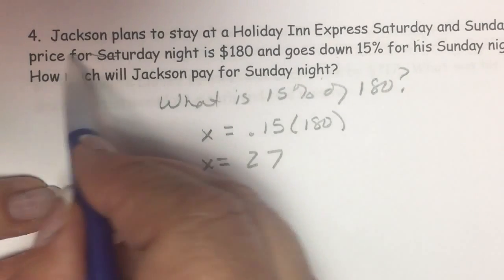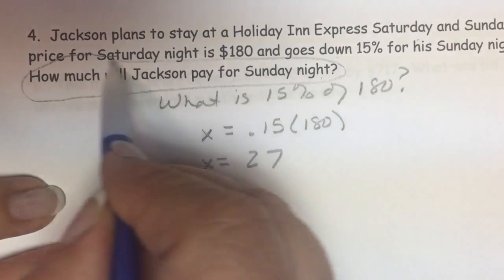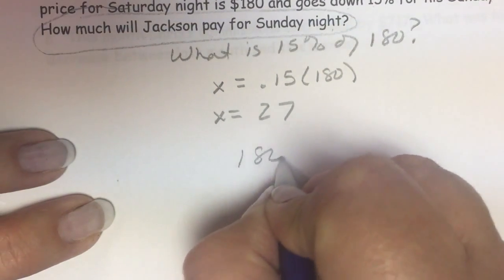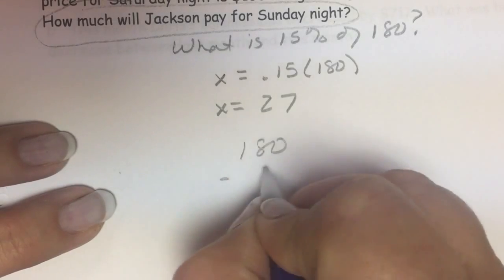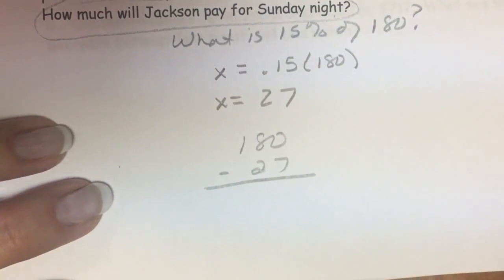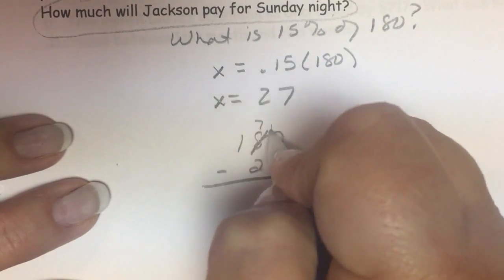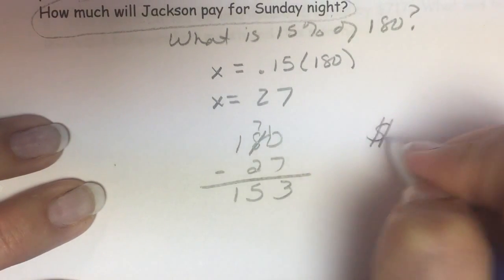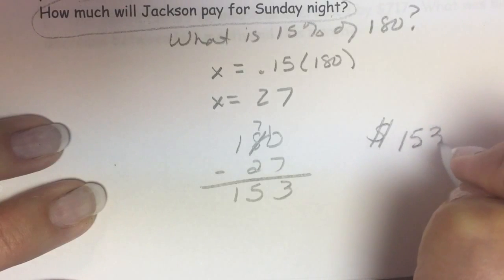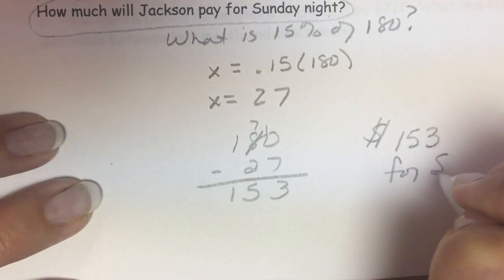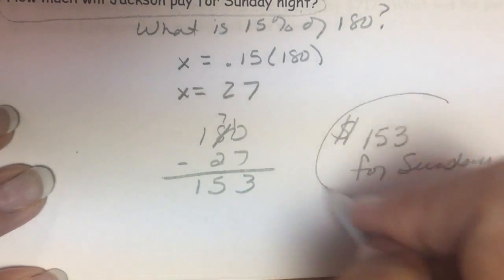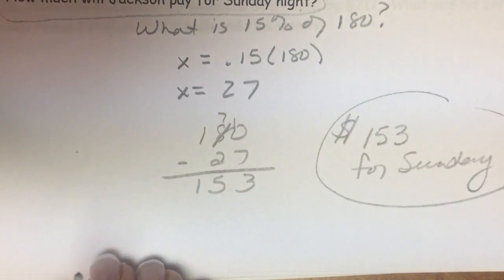The question is, how much will he pay for that second night? So then you take the 180 and subtract his discount, and when you do that, you get 153. So he's actually going to spend $153 for Sunday night. And there you go.